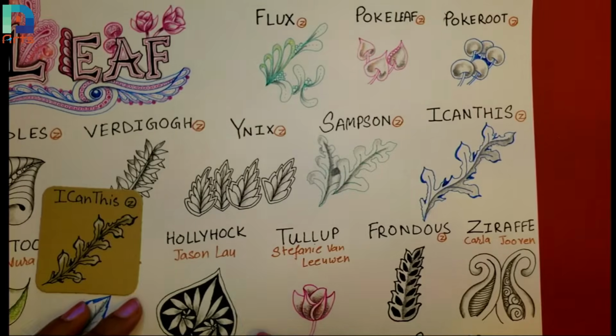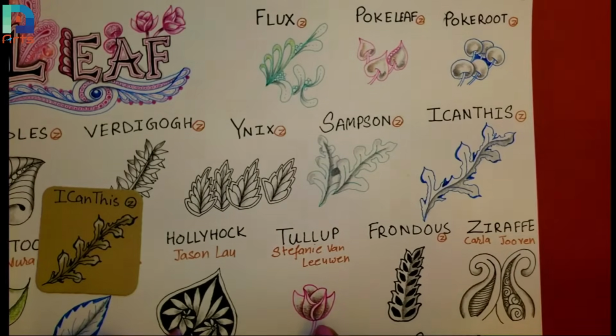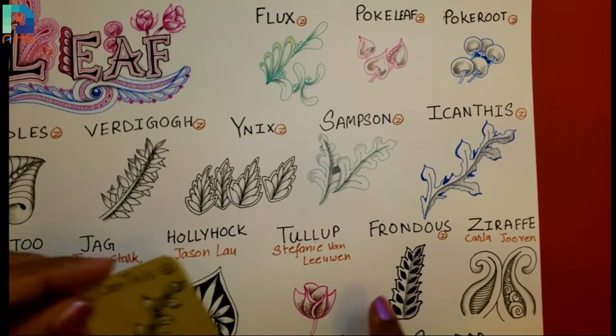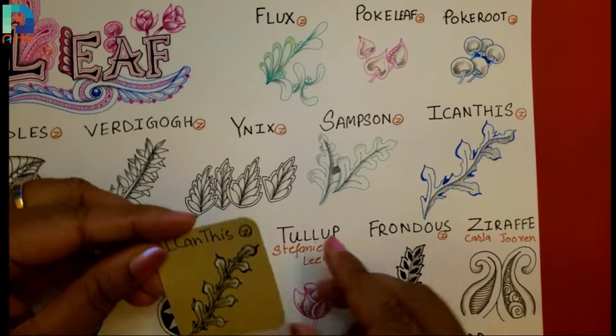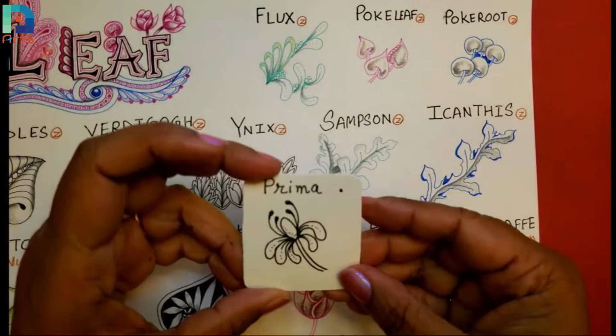In the description, you will get the timestamp. If you click on the timestamp, you will reach directly this tangle. You need not browse or forward through all the video. So use the timestamp and reach directly to this one.